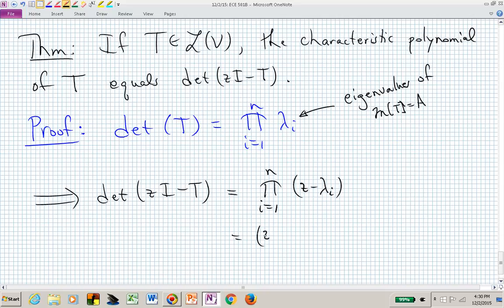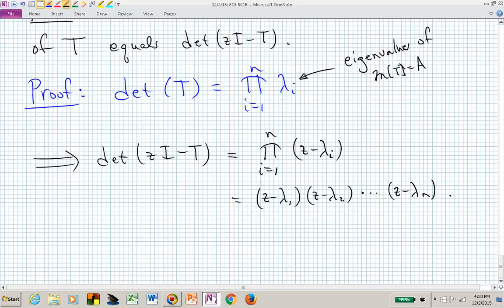Well, that's just z minus lambda 1, z minus lambda sub 2, z minus lambda sub n, and that's actually what we had written down as our characteristic polynomial.